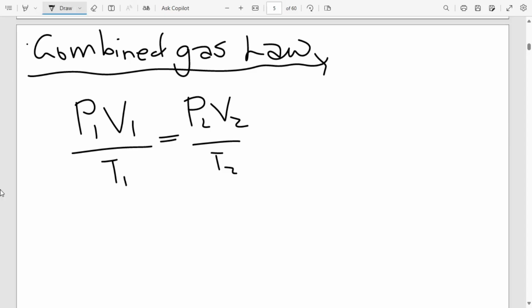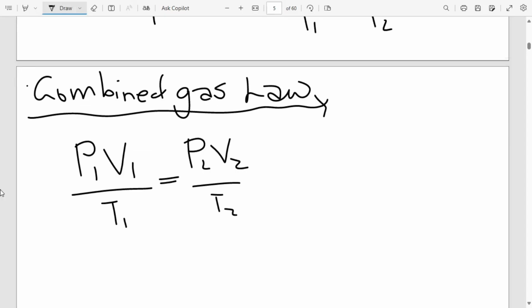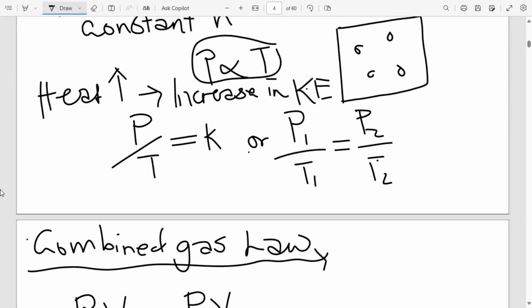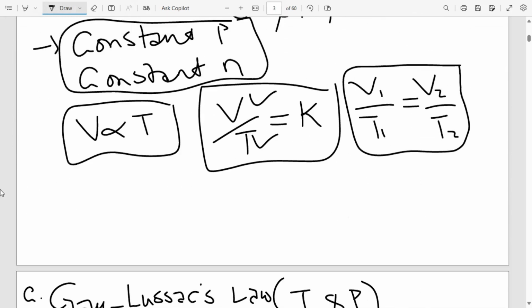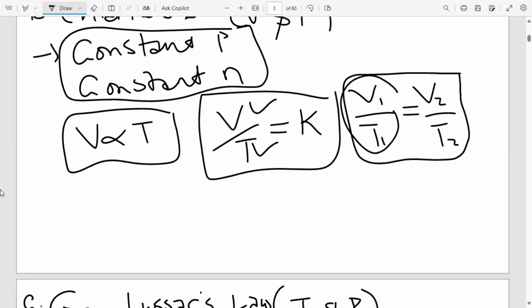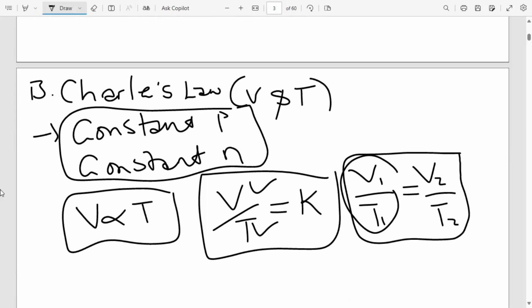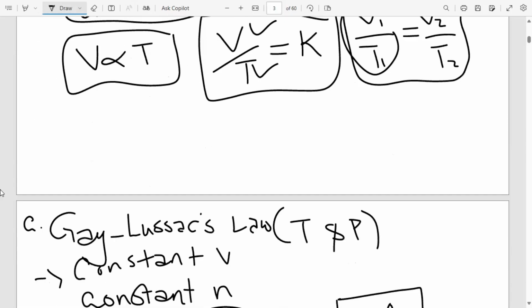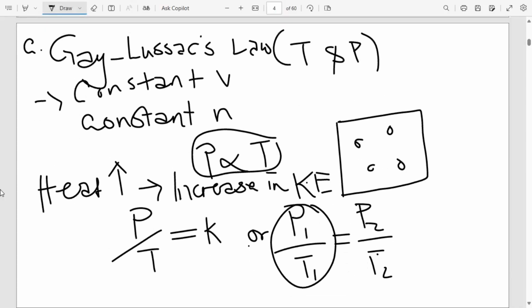This is actually very, very simple, because we explained each of these laws. We have this relationship when it comes to the Gay-Lussac law. And if we combine this relationship with the Charles law, what kind of equation are you going to come up with? Let me check. It's pressure, volume, temperature, volume.